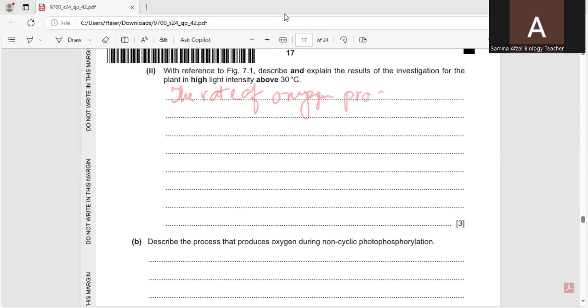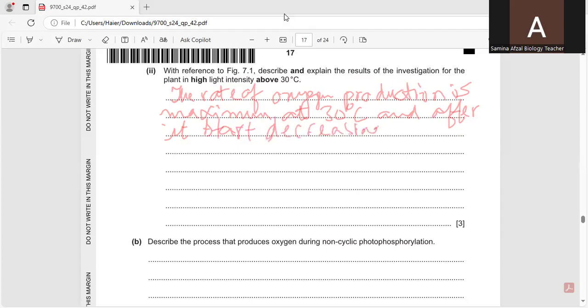Oxygen production is maximum at 30 degrees centigrade, and after it starts decreasing. So we can say the reason can be, because the temperature is optimum, then the reason can be the denaturation of enzyme.